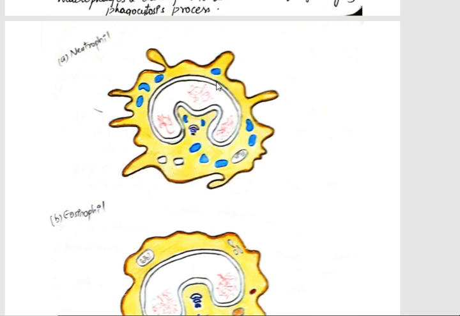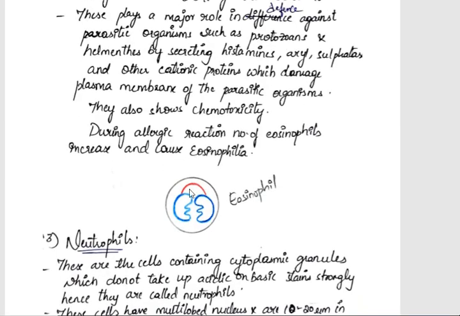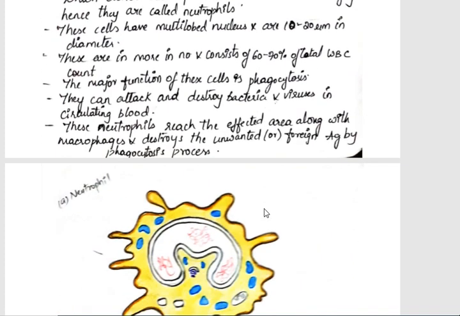And if you observe here, the nucleus is going to be multi-lobed. It's not bilobed, it is multi-lobed. Several lobes are there. So here you can see. Okay. So a multi-lobe structure. And here is a bilobe structure, the eosinophil, whereas this is going to be a multi-lobe structure. And these cells are about 10 to 20 micrometers in diameter.